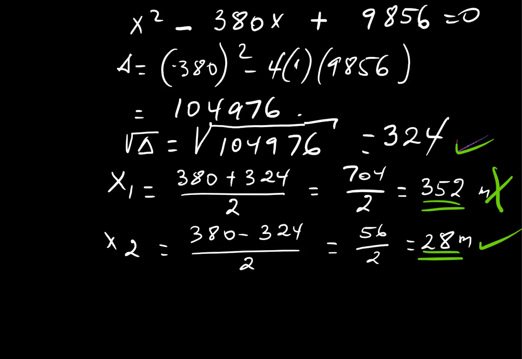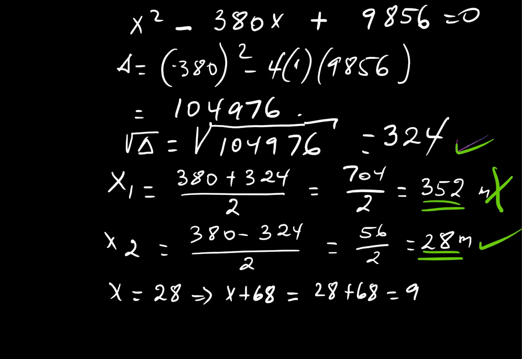We have the semi-perimeter, and we know x is equal to 28, meaning that x plus 68 is equal to 28 plus 68 is equal to 96 meters.